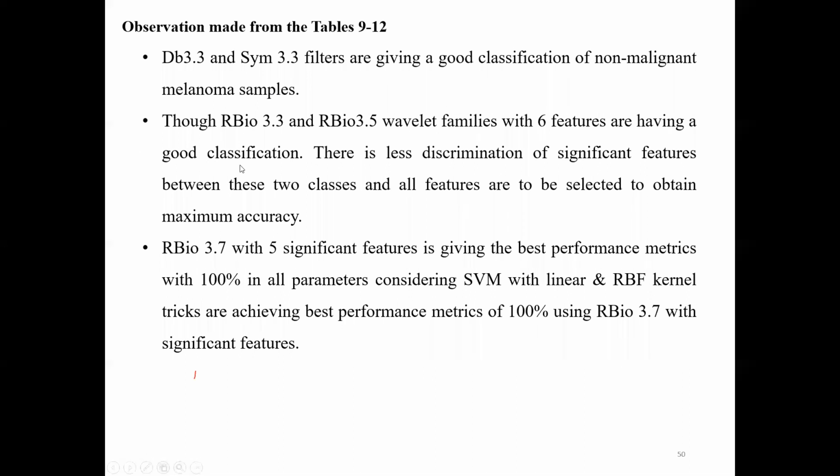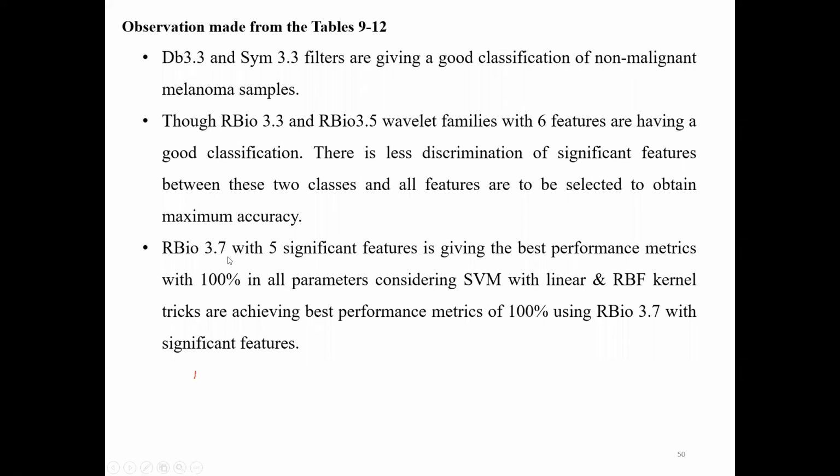Though RBIO 3.3 and RBIO 3.5 wavelet families with 6 features are having good classification, there is less discrimination of significant features between the two classes, and all features are to be selected to obtain maximum accuracy.